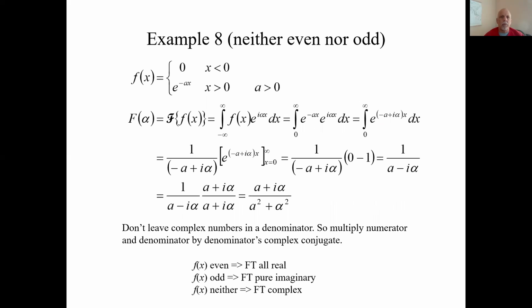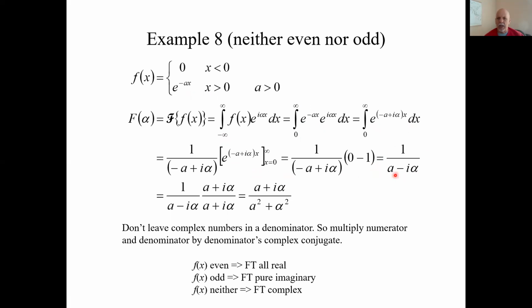Let's do one more thing. Here's a function that's neither even nor odd. Now let's find the Fourier transform of it. There's just one thing for positive x, so we only need to integrate from 0 to infinity. We can add the exponents, and again, this is just an e to the ax type integral. We don't need a table. I won't go through this. Here's the answer.